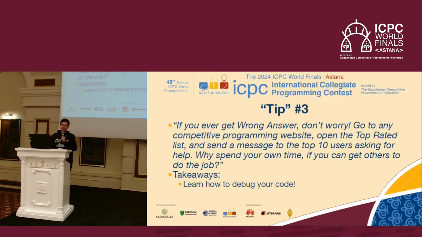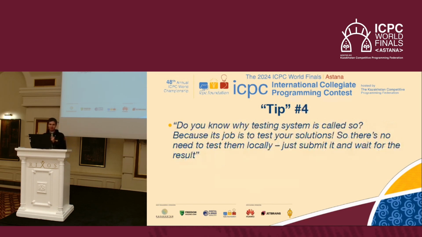So let's go to the next tip. The next tip is about the testing system, and that's the last one, actually. Do you know why the testing system is called so? Because its job is to test your solution, so just submit, no need to test anything locally, it's going to tell you the verdict, you can modify and submit again, it's fine. But probably you actually want to learn how to test your code in this case.